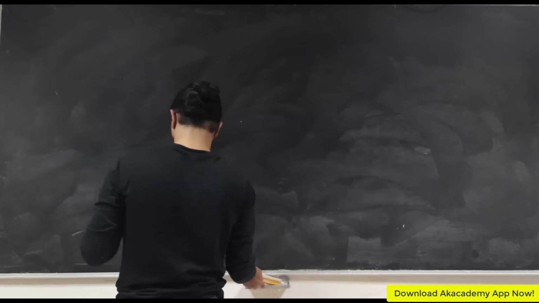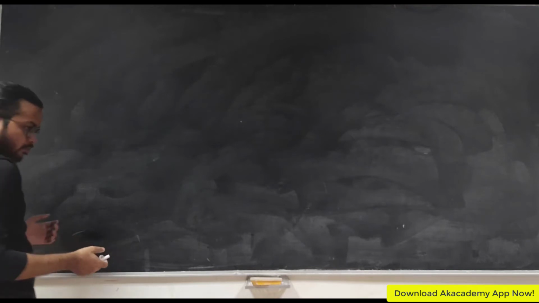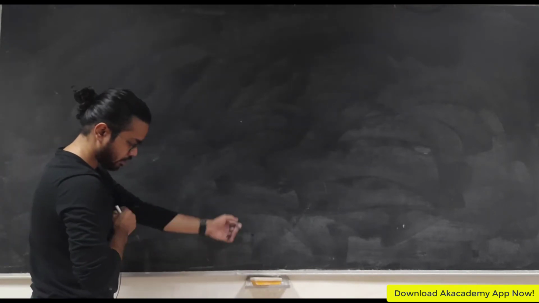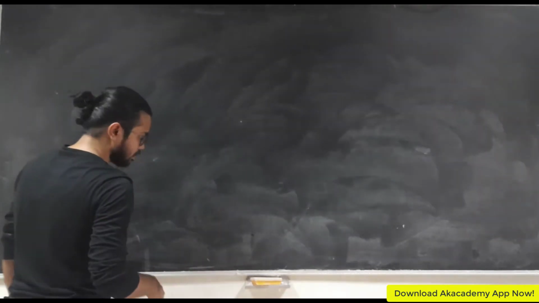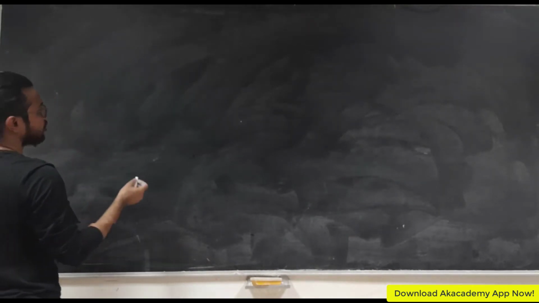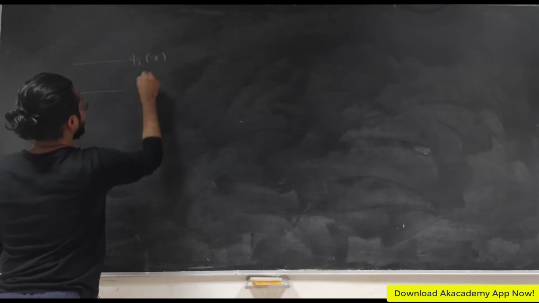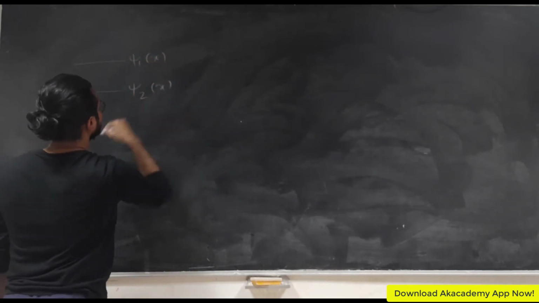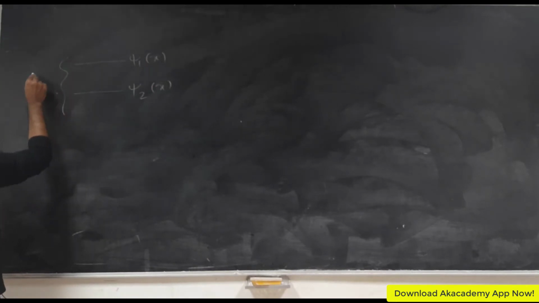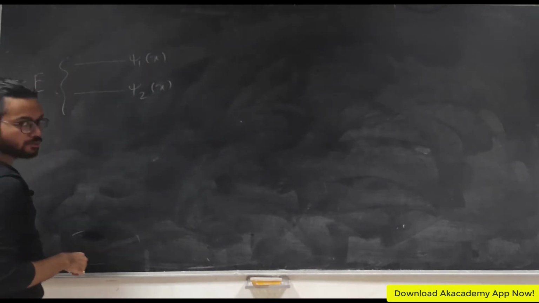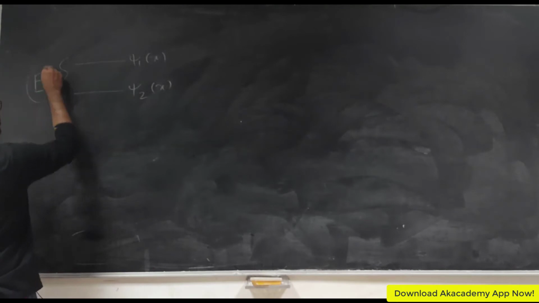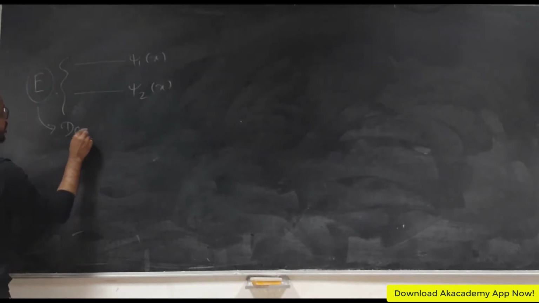So these are some general properties of the Schrodinger equation. What happens if we have two states, psi1 of x and psi2 of x, both of them belonging to the same energy, which means this energy state is degenerate?